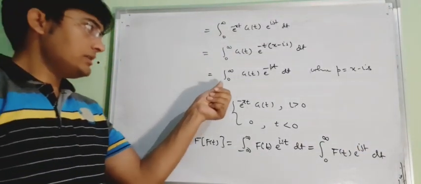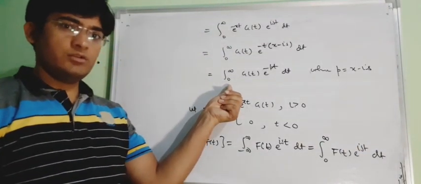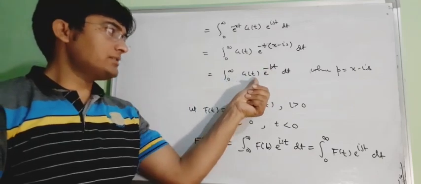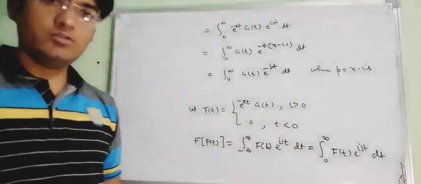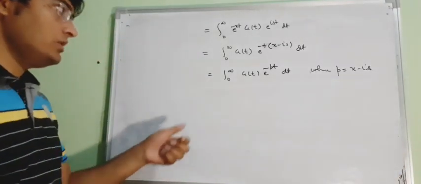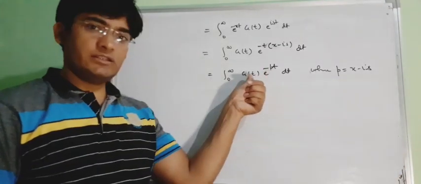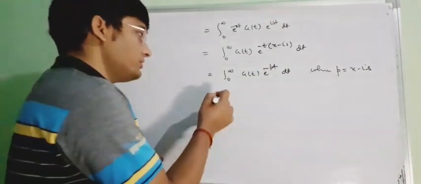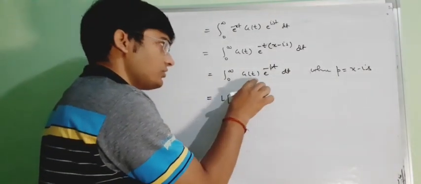Okay, now see it. This is the integral from 0 to infinity of e to power minus st f(t) dt, and that is your definition of the Laplace transformation. So this is the definition of the Laplace transformation of a function g(t).